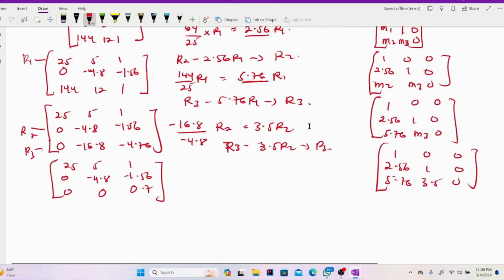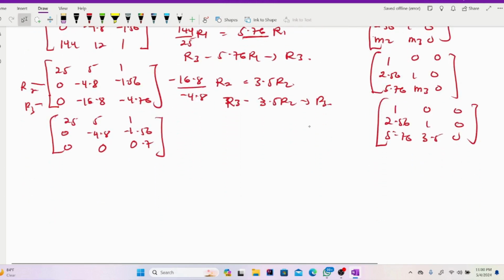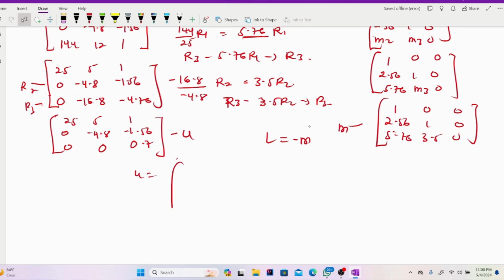So at this point, I have my U and I have my multiplier M. But I said your L is always the negative of your multiplier. So therefore, my LU decomposition simply gives U to be 25, 5, 1, 0, negative 4.8, negative 1.56, 0, 0, 0.7.